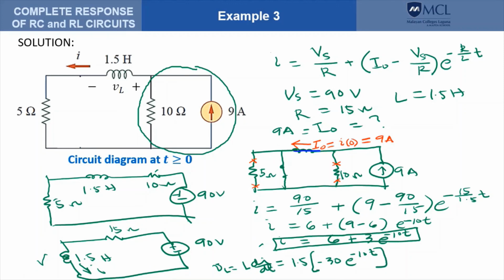Okay, so minus 30 is 3 times negative 10, and this should be negative 45 e to the minus 10t. Okay, so this should be our V sub L. So it's a negative voltage, meaning the polarity of VL here should be, this is positive and this is negative.